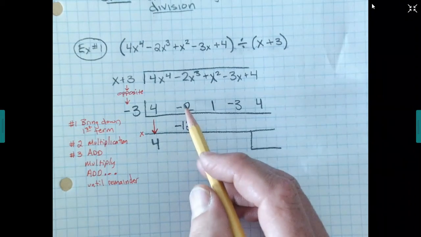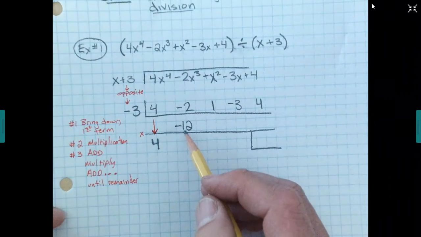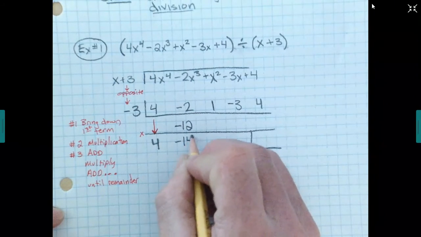So I multiplied. Now I add -2 and -12. It's -14.